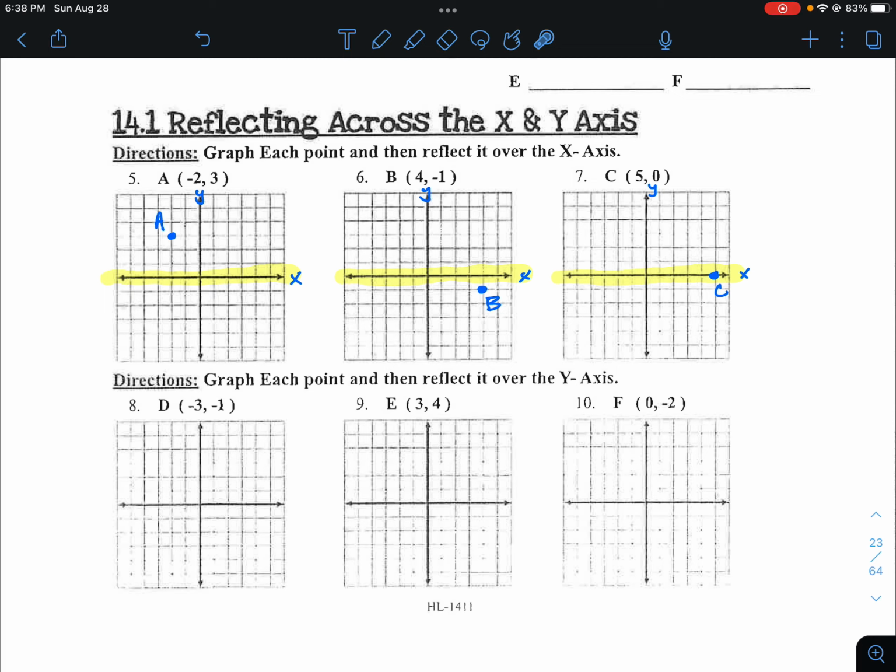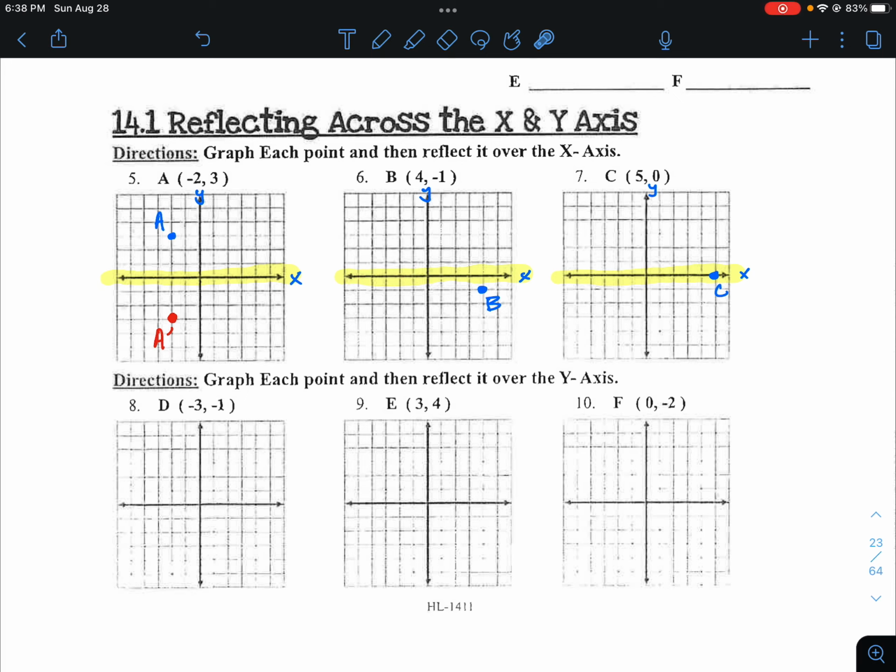It is 3 above this mirror, 3 above this line. So our new point would be 3 down on the other side. And we would label this A with an apostrophe, and they call that apostrophe prime. So that's called A apostrophe or A prime.